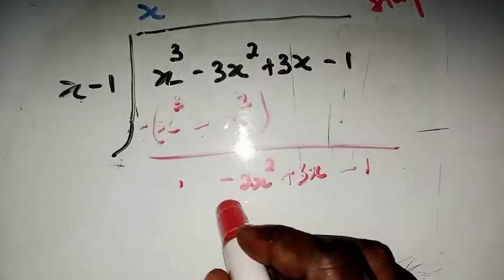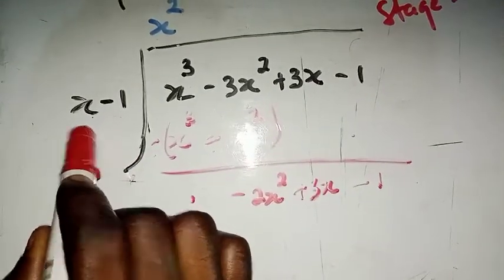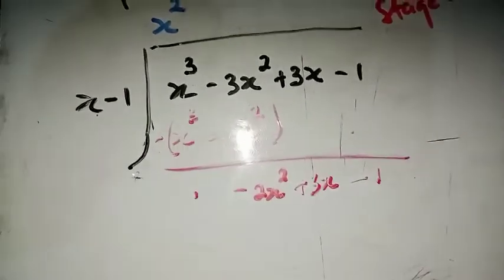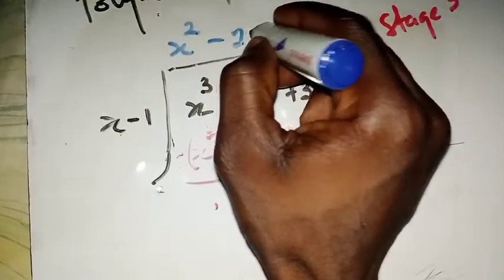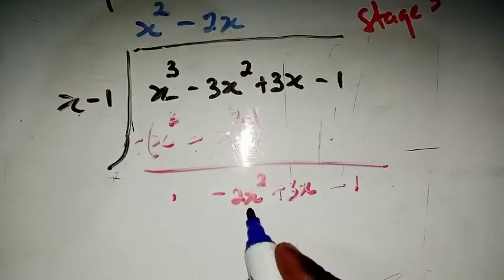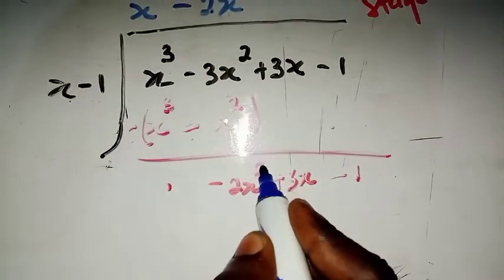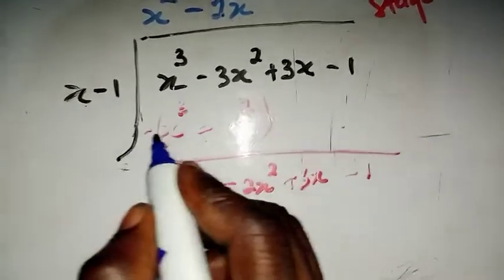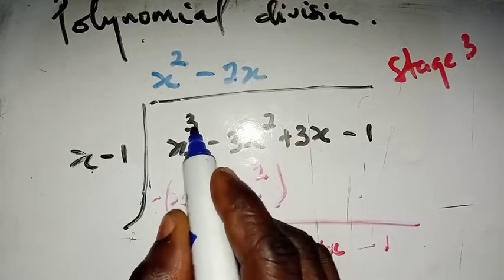But here we are having a negative 2x squared here, and then here we are just having the x. So here we are going to have your answer to be negative 2x. So look at something. You see, this tells you that whatever the power of the x here is, it decreases by 1, right? So that is the trend here. So in the first part here, you have the x exponent 3, right?